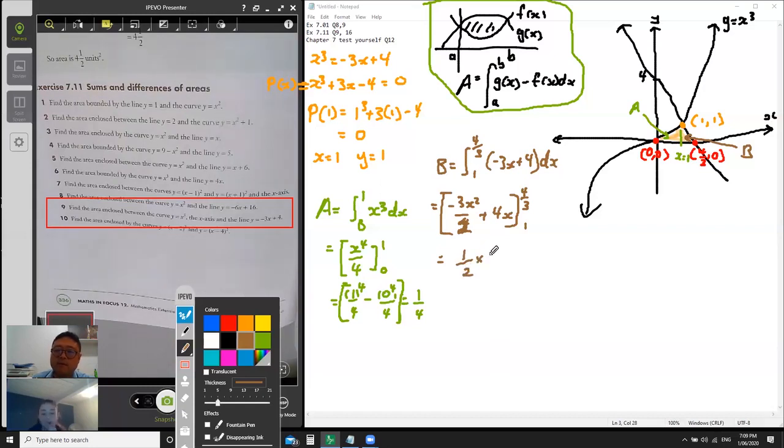Oh yeah, right. A half at the front. Base times height, because this is a right angle triangle. So it's half times, now the height is going to be 1 and the base is going to be 4 on 3 minus 3 on 3, which is 1 on 3.